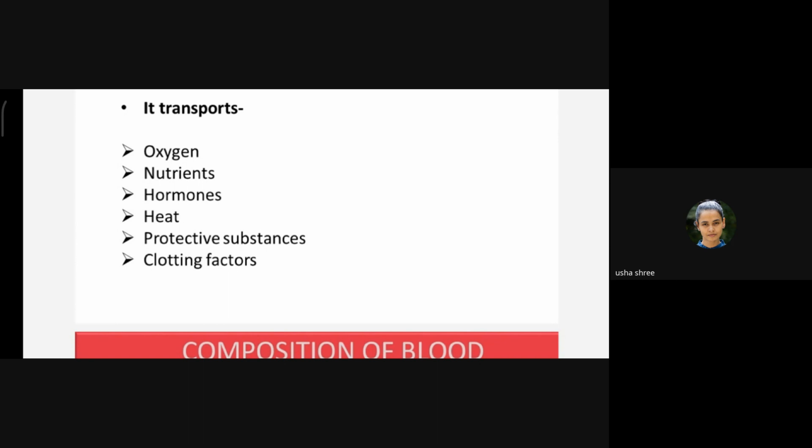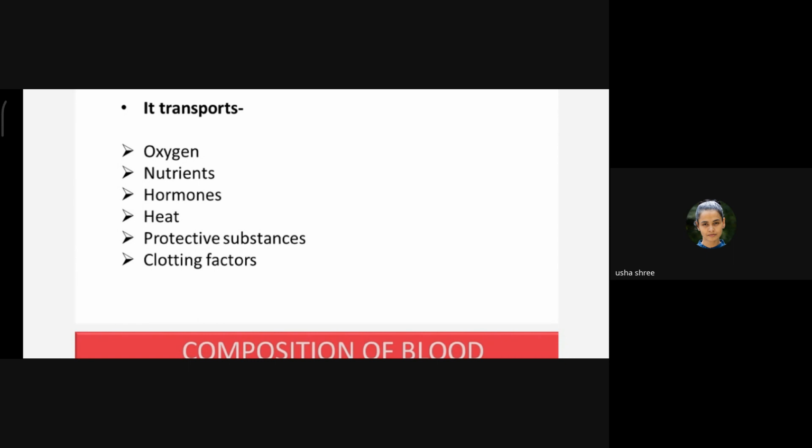So what does blood contain? First of all, red blood cells, white blood cells, platelets, and plasma. Red blood cells carry hemoglobin, so they contain oxygen. White blood cells are our immune cells or defense mechanism, and platelets are the clotting factors.